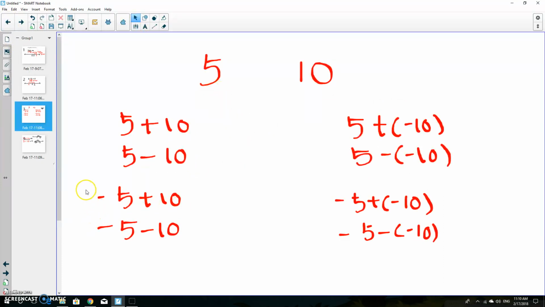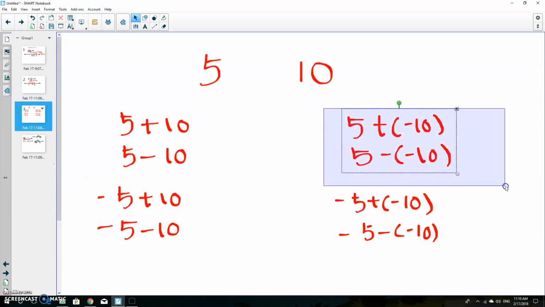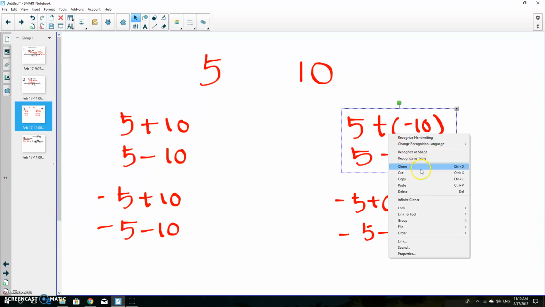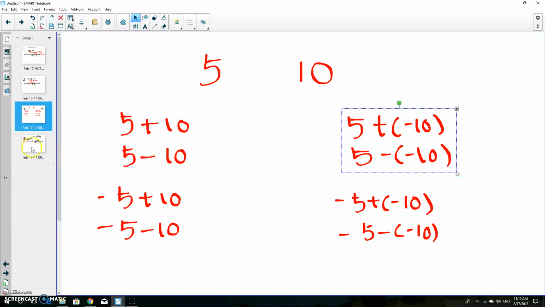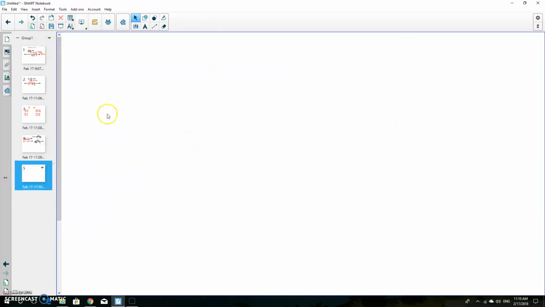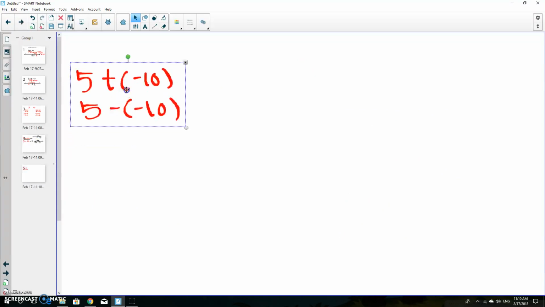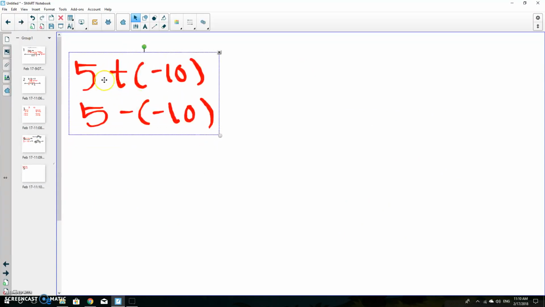So let's look into the other case. This can sometimes be a little bit more confusing because, okay, I have 5 plus a negative 10. 5 plus a negative 10.